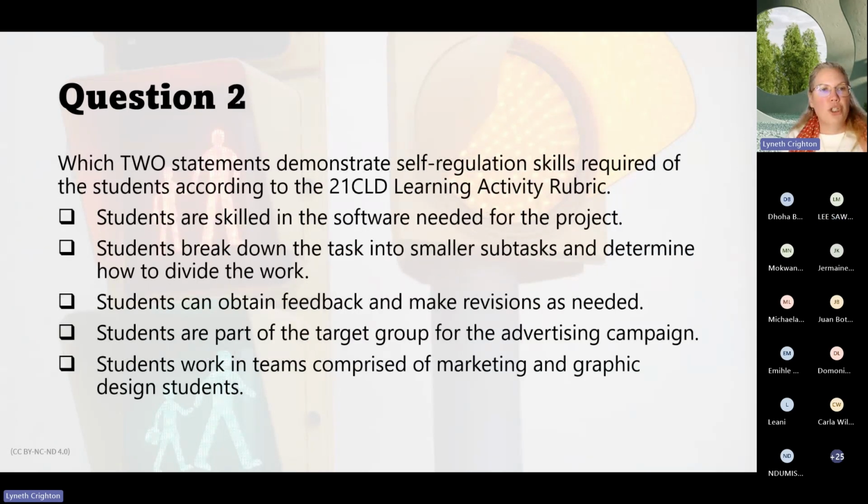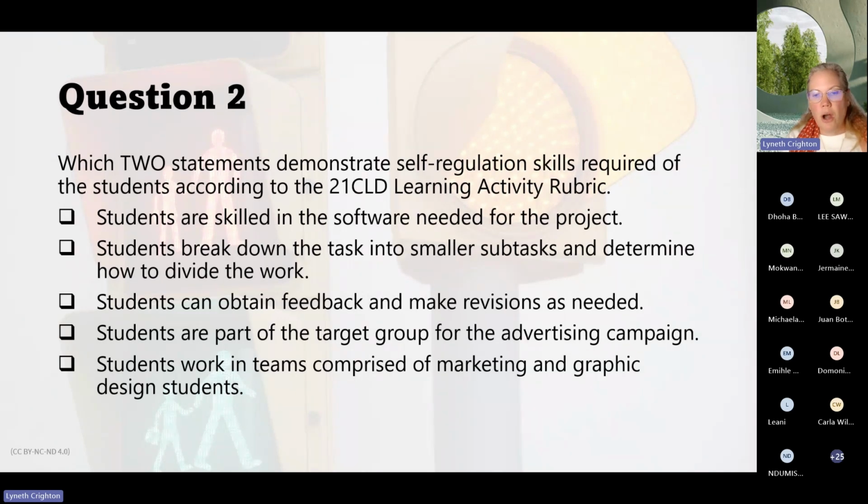Then, which two of these statements demonstrate self-regulation skills? So the options are: students are skilled in software needed for the project. They break down the task into smaller subtasks and determine how to divide the work. They can obtain feedback and make revisions.